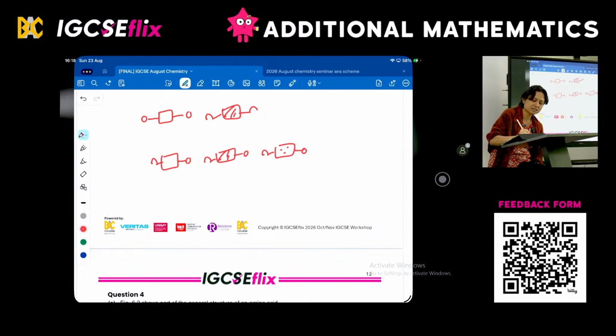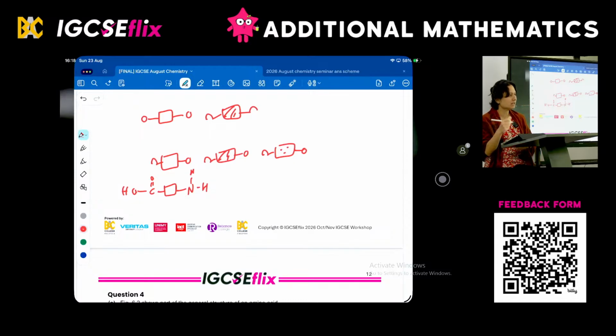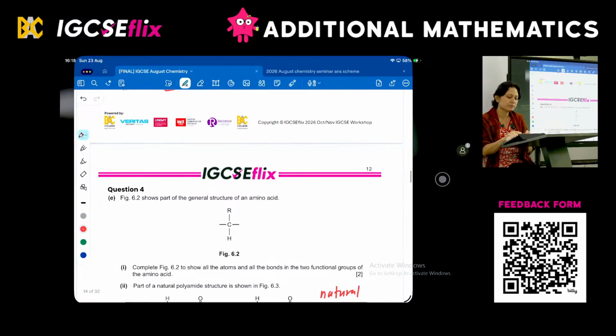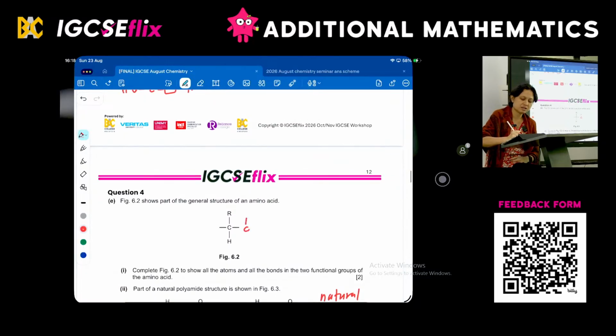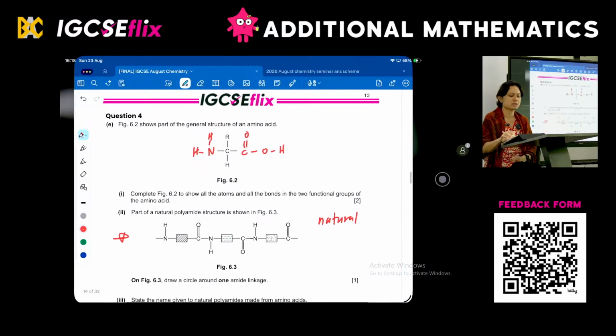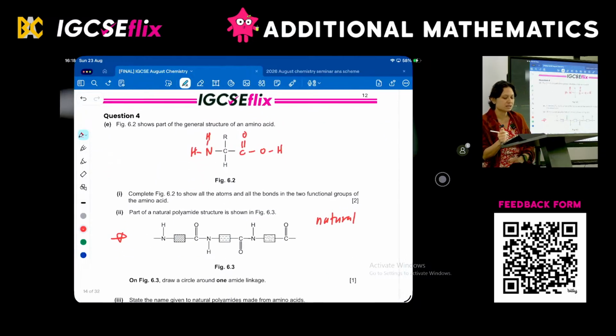This side is COOH. This side is NH, like that. It has both functional groups in one. So, COOH, NH2. This is how an amino acid looks like. Can you understand? Okay, so this one is natural.